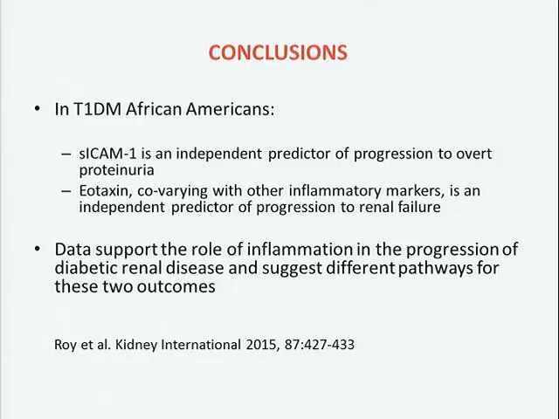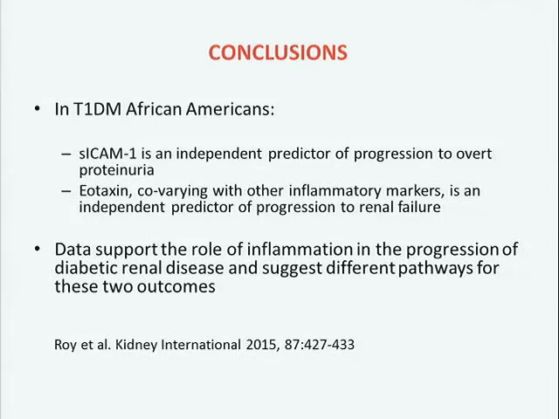In summary, we have shown in this group of patients that two different markers of inflammation and endothelial dysfunction are related to the progression to overt proteinuria and renal failure. Whether the story of inflammation and renal disease is totally unfolded, I think is unsure.